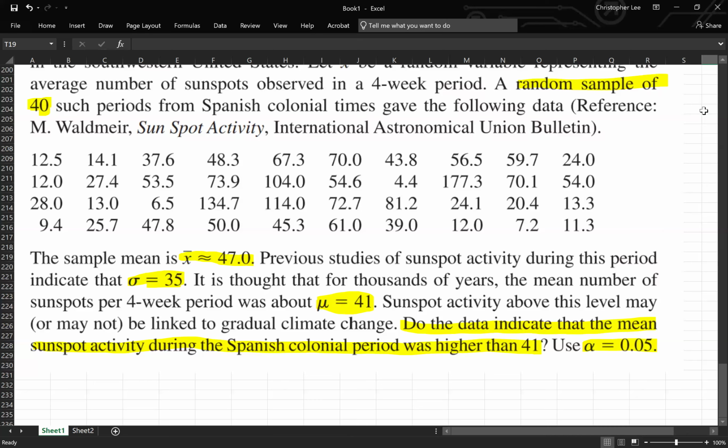What is missing here? You tell me. Someone know? What's missing in the alternative hypothesis right here? Equal? No, it can't be equal. We don't use equal here. What is greater than 41? Oh, the other symbol?